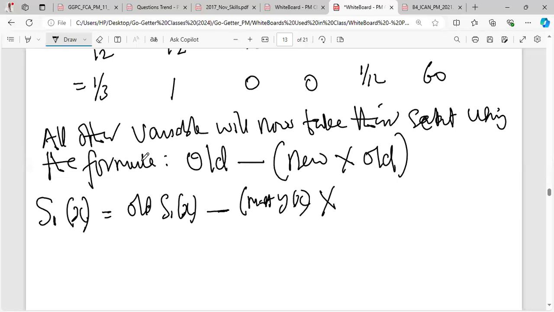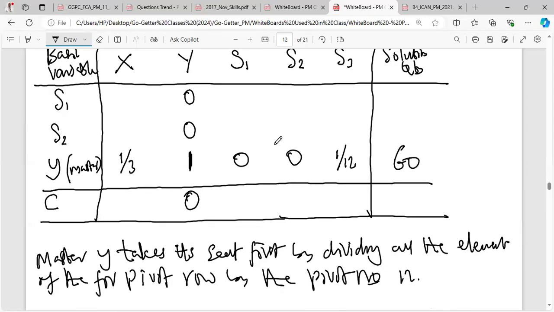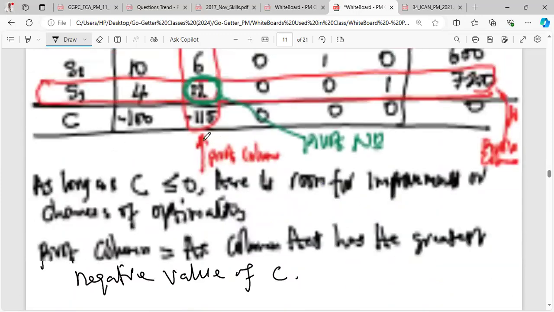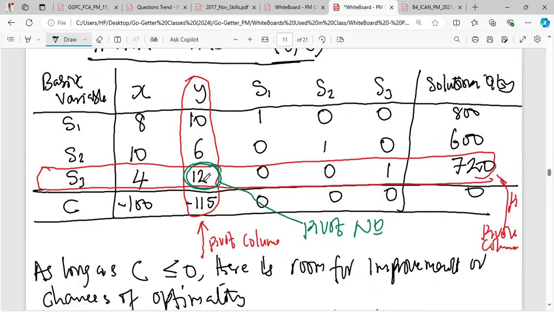Multiplied by, what is this old? Look at where master Y was before. Look at where this king is. Since we are looking for S1, this value here must be 10.